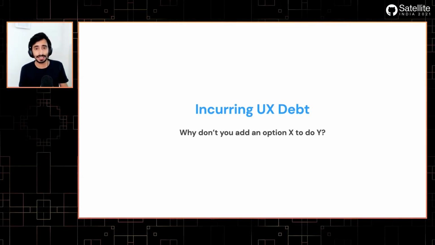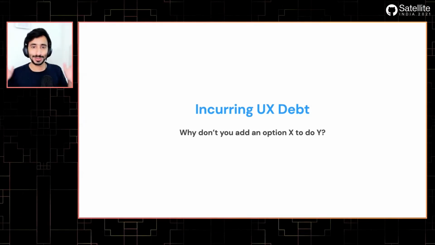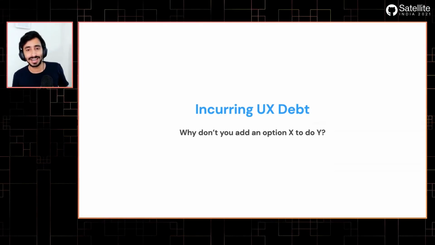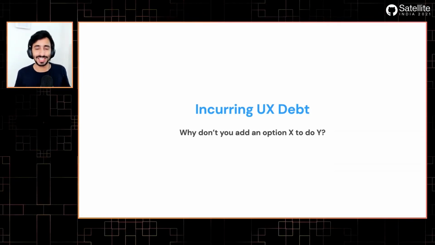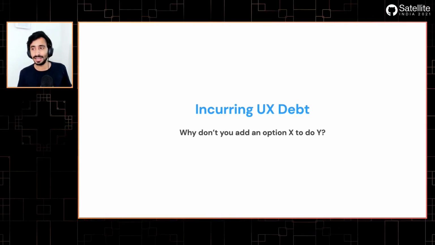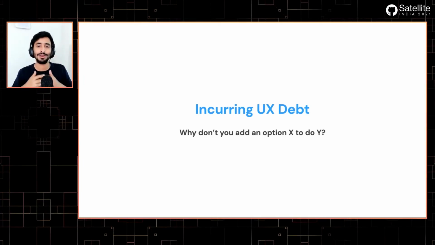As a maintainer, you want adoption. You want more people to be using your product. So the immediate thought for you would be to create an option for them, so that they can use the product. And this keeps on adding. There'll be a lot of features.